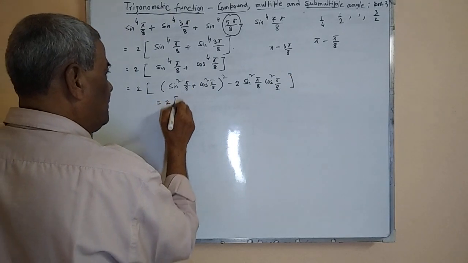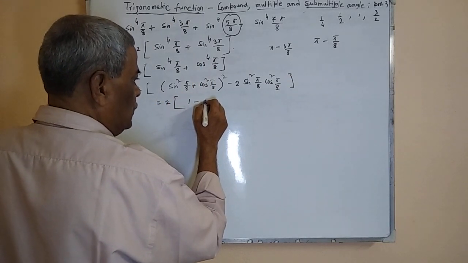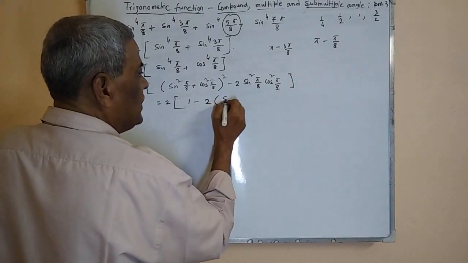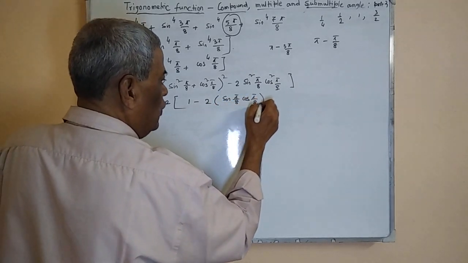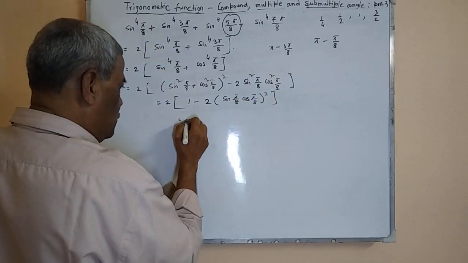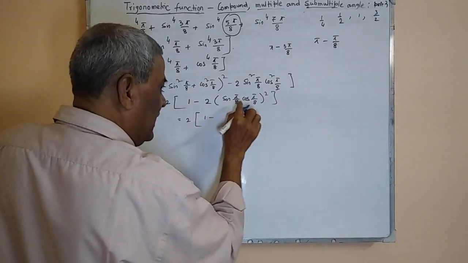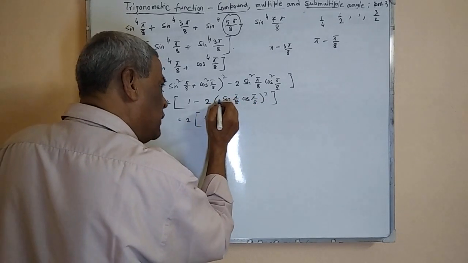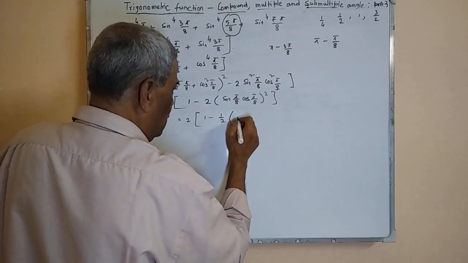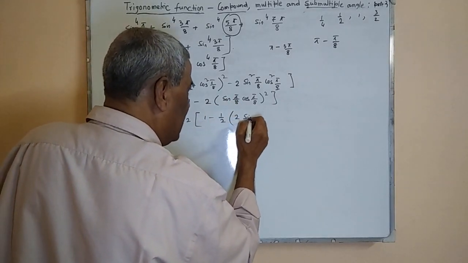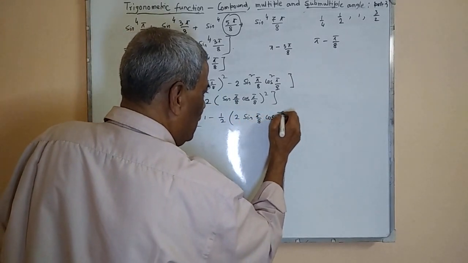This is equal to 2 into 1 minus 2 sine pi by 8 cos pi by 8 whole square. We have to write that 2 as 4 half into 2 sine pi by 8 cos pi by 8 whole square.